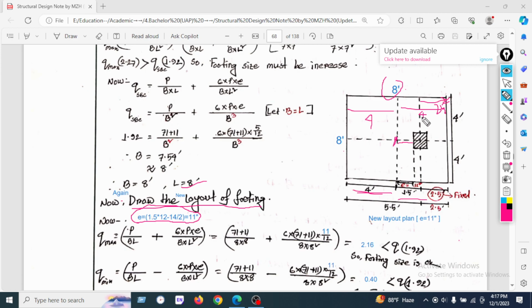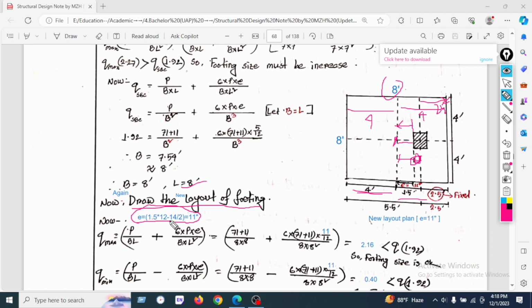So we will calculate how we will get the column face to the CG of the footing. This is our eccentricity. We have found here the value of 4 feet, 1.5 feet from the CG of the column. Then we will deduct half of the column, then we will find the CG.